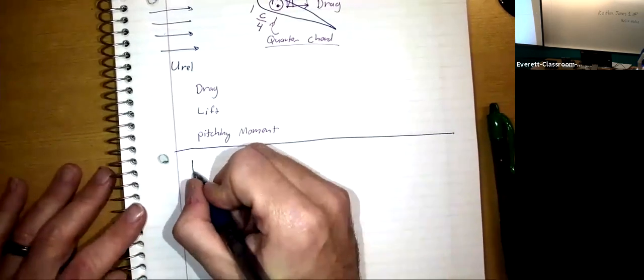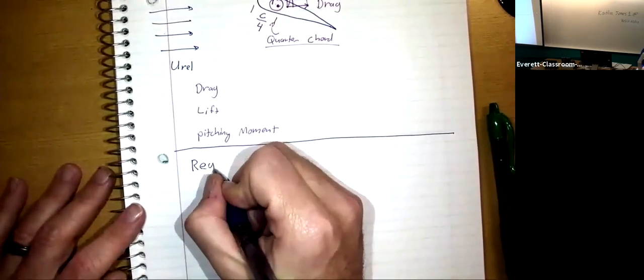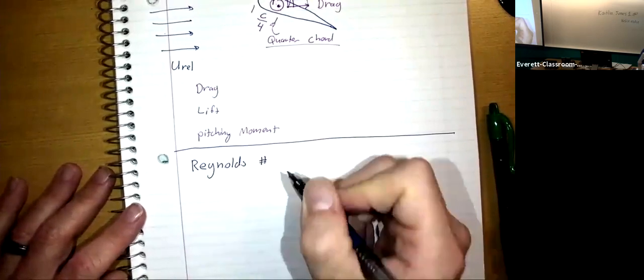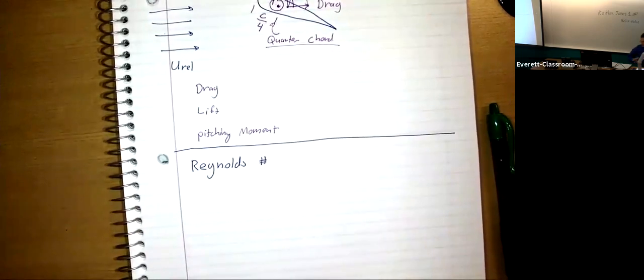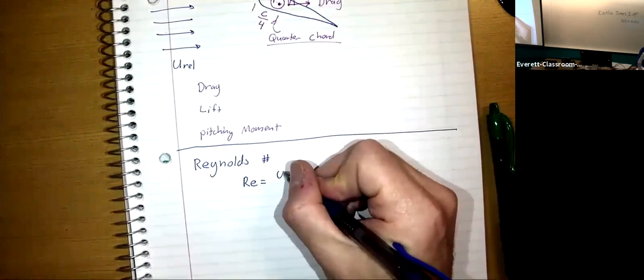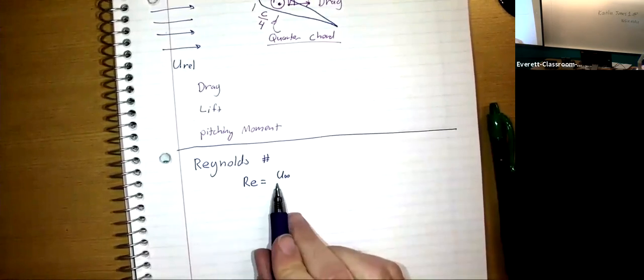Okay. Before we get to that, I need to make sure that you guys didn't sleep all through fluids. And just to remind you, because this is going to become important, of the Reynolds number. Just in case you slept through an entire semester, the Reynolds number, Re, is defined as the wind speed, the predominant wind speed, which is usually the way we think about it.